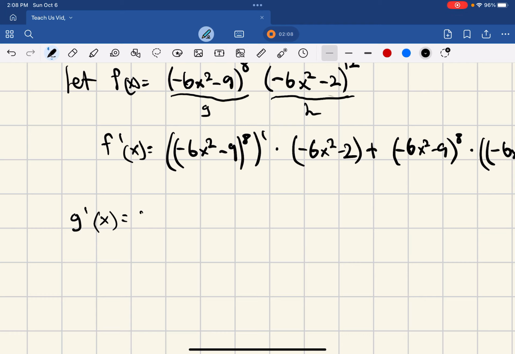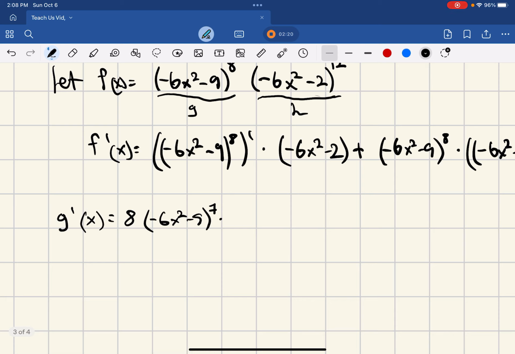Using the chain rule, we take this power 8 to the front, and now this becomes to the 7th power, and then times the derivative of this, which will get us negative 12x.